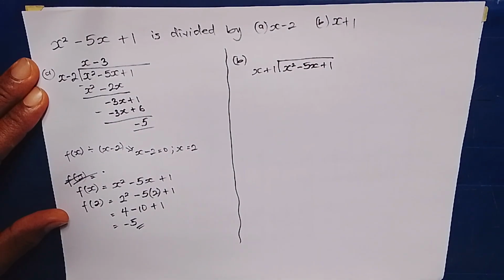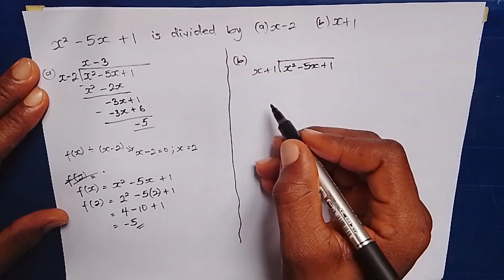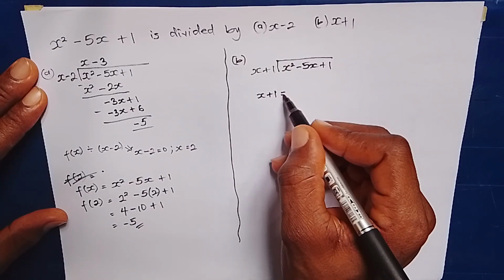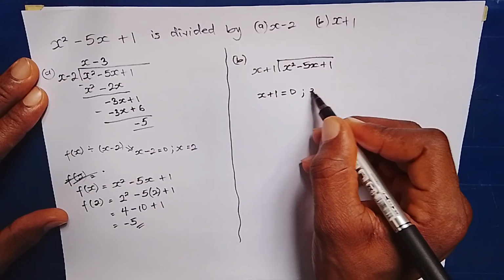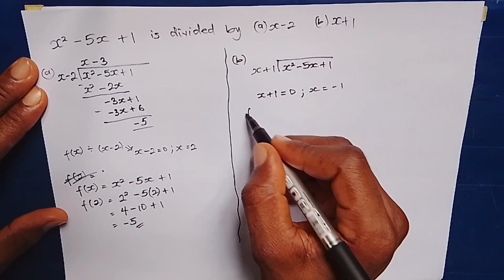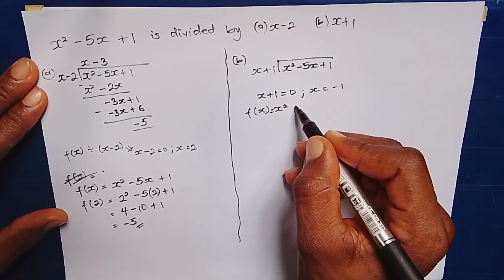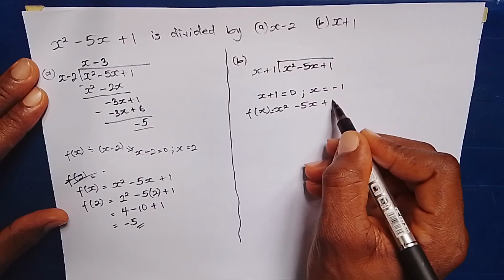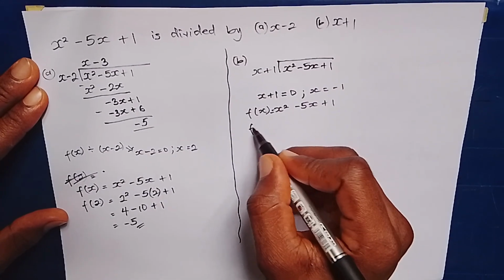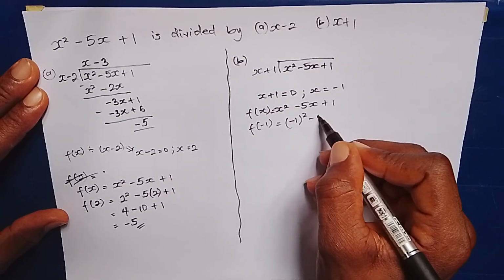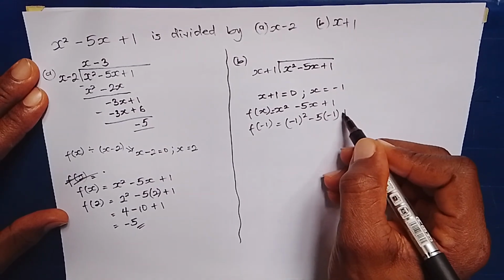You can do this long division by yourself, but then to find the remainder, given that our x plus 1, if we equate this to 0, that means our x becomes minus 1. So f of x is equal to x squared minus 5x plus 1. So f of minus 1 is equal to minus 1 squared minus 5 times minus 1 plus 1.